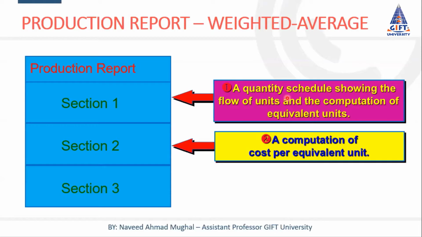Then we had some units started in this period, and we have completed some units, and some units are at the end of the process. This is the basic flow of units in process costing system. Some units are completed, and some are still in process and incomplete or partially complete.